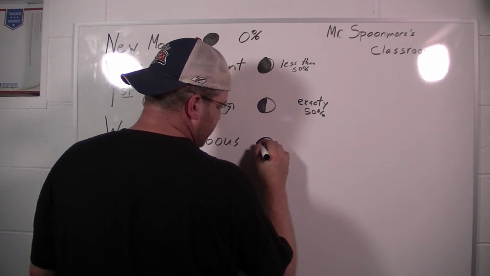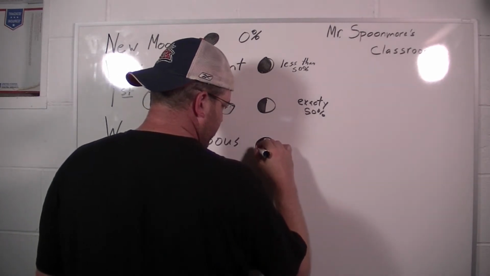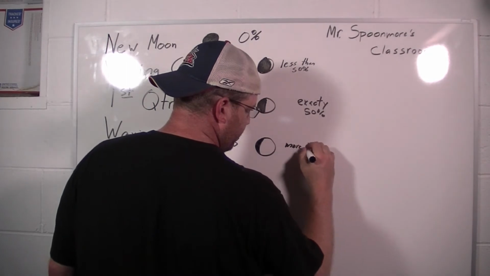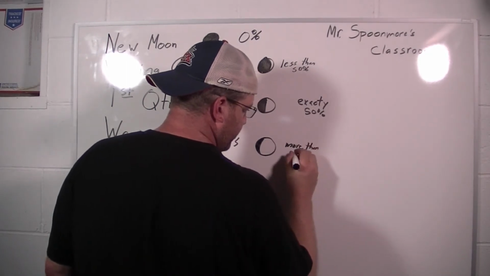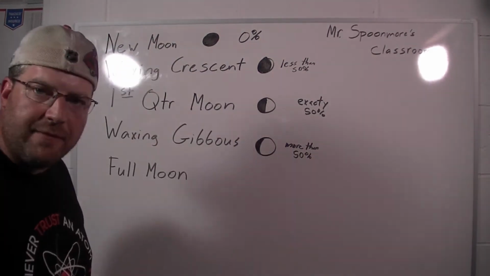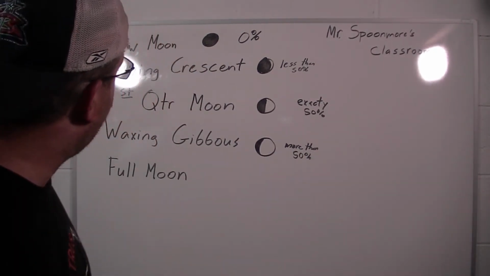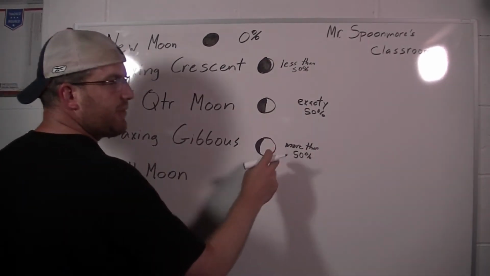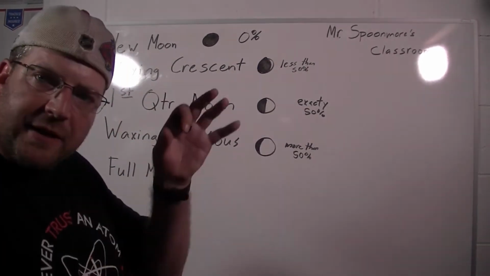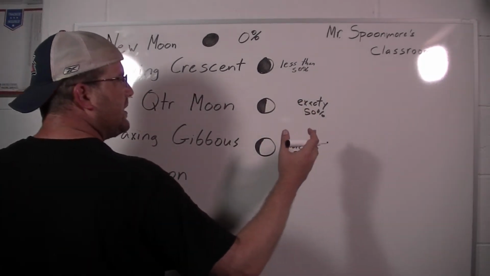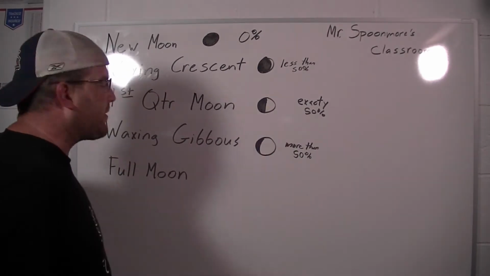Is when I can see more than 50% of the moon on the right side. So, as you can see, we're talking about the right side, because the moon appears that it's getting bigger, that we can see more of it here on Earth.